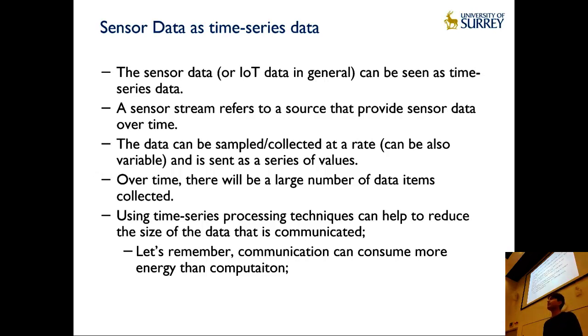Now, once we have the data, once we can communicate, we can put it in a message box and provide it from the producers to the consumers. Now we are looking at what type of data we are talking about. Most of the data will come as continuous values. You read a temperature measurement, imagine at a frequency of every 1 second. Every 1 second you will read a value.